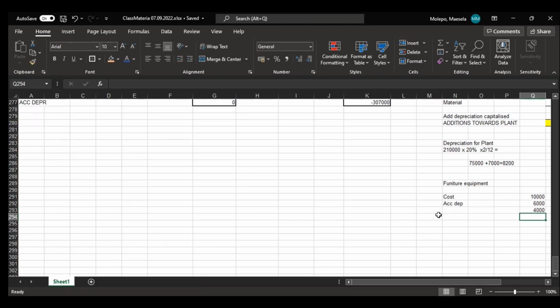Then here the carrying amount is 4,000. So it was having this carrying amount of 4,000 on 1 March 1998, right? And it was sold on 31 December. So we have to have depreciation of it first before we sell it.